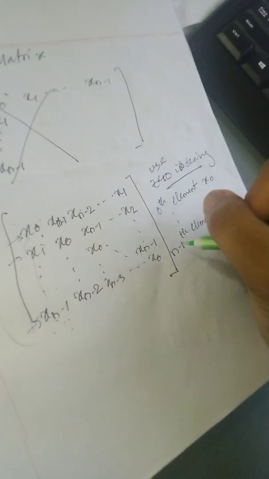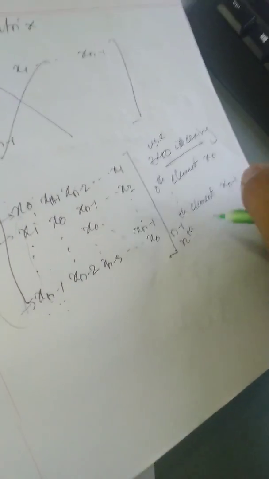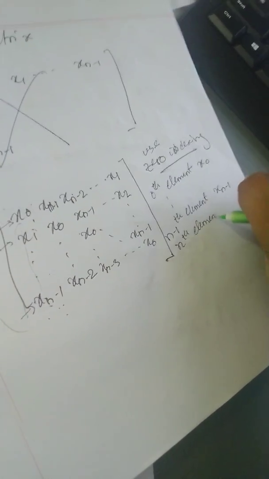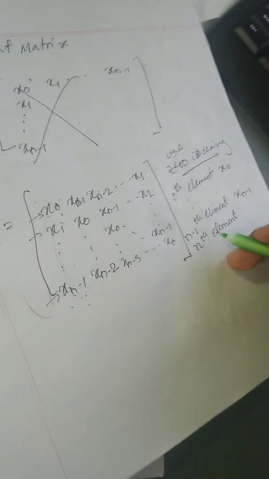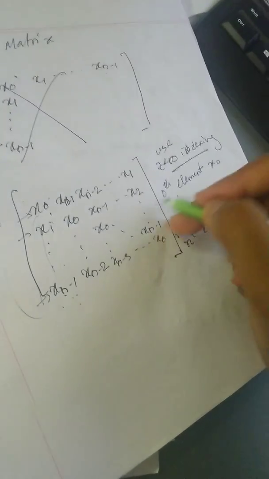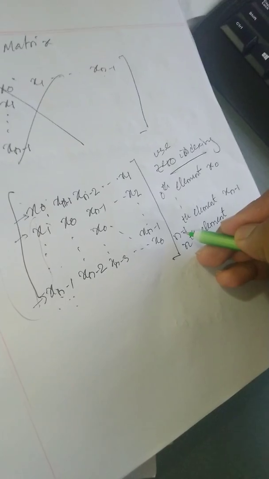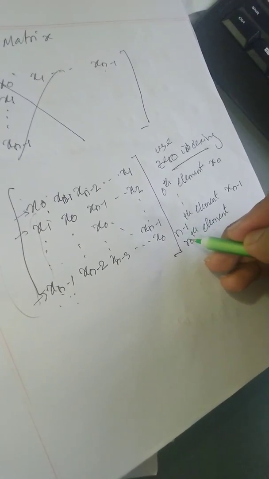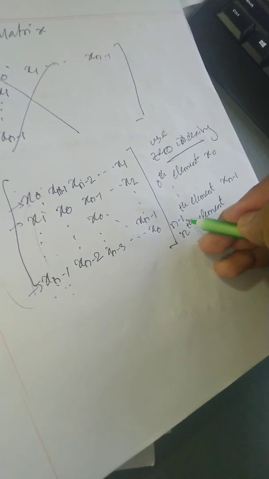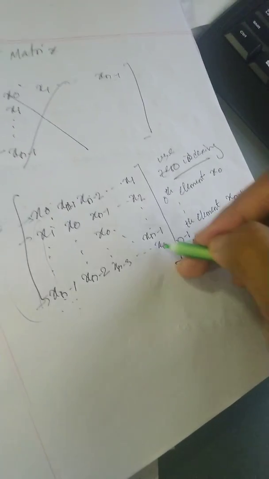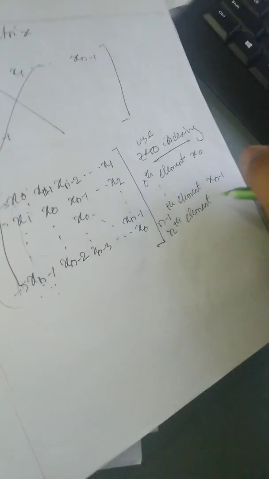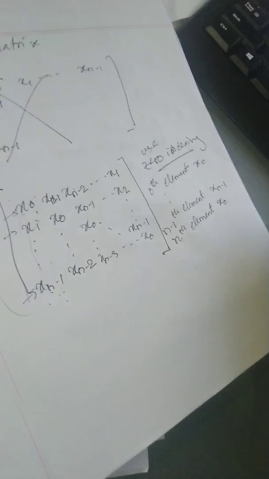So what's the nth element? In that case, we will rotate back to the first position. If we go one position after the n minus 1, we are actually rotating back to the first position. So that's actually x naught.